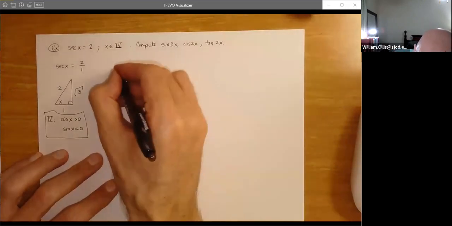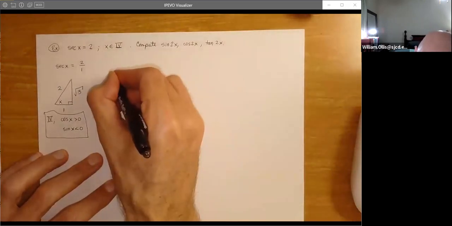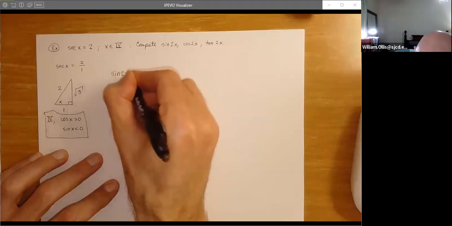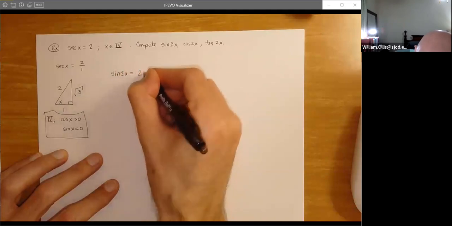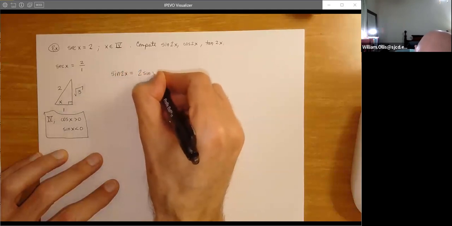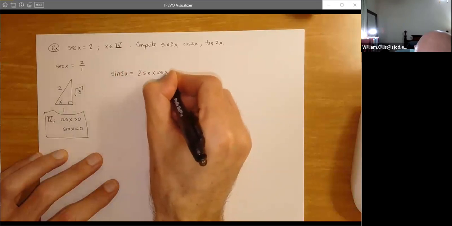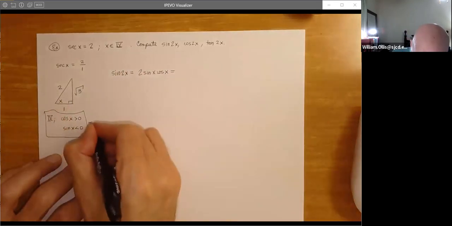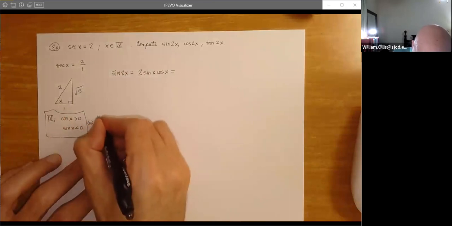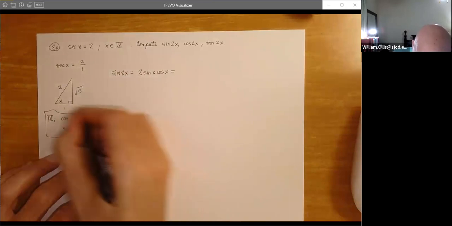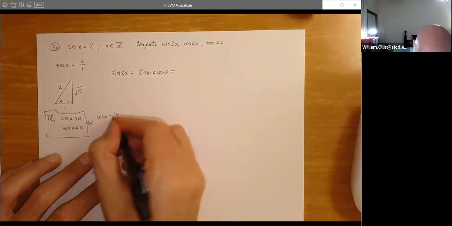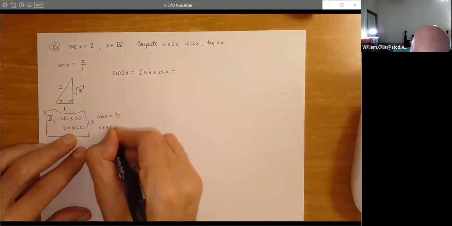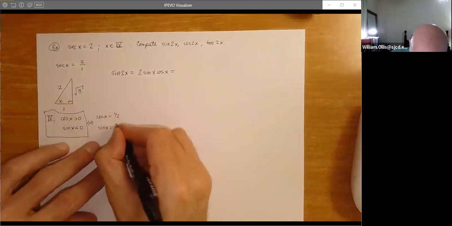Now we're going to say sine 2x. Sine 2x is just 2 sine x cosine x. That's just using the double angle. So now we can go ahead and write these down, since cosine x is 1/2. You know what the angle is, obviously. And then sine x is going to be what? Negative root 3 over 2.